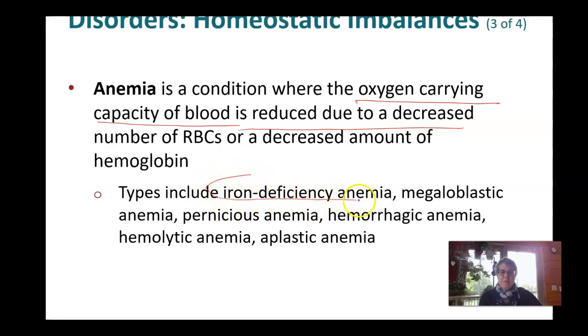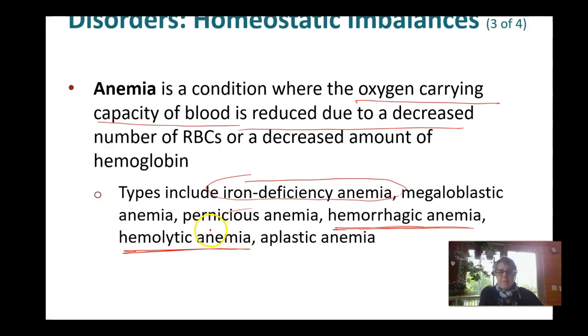Is it iron deficiency? You don't have enough iron to make enough hemoglobin in the red blood cells, so you have a reduced carrying capacity. Is it that your red blood cells are bursting? Hemolytic anemia. Is it that you're bleeding out? Hemorrhagic anemia.